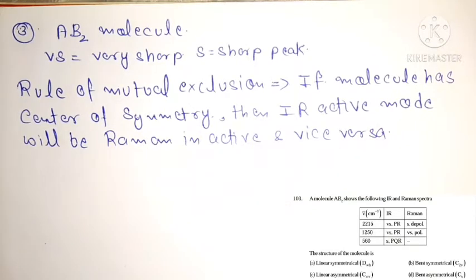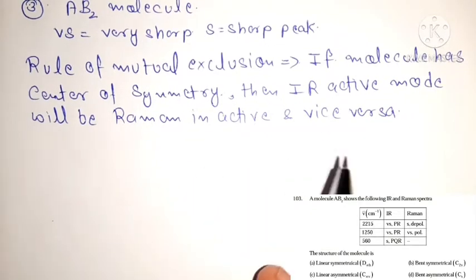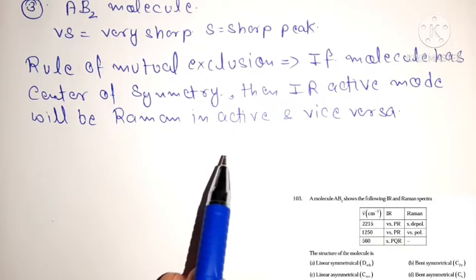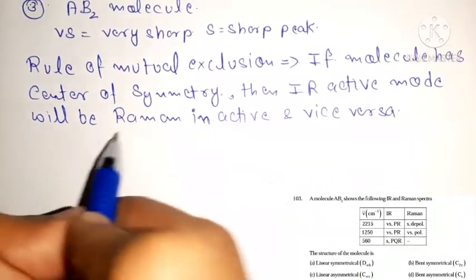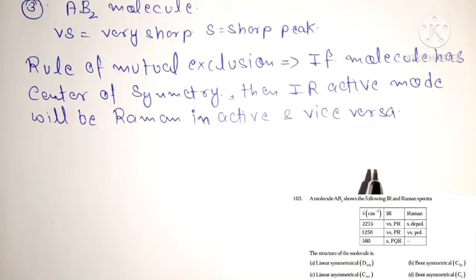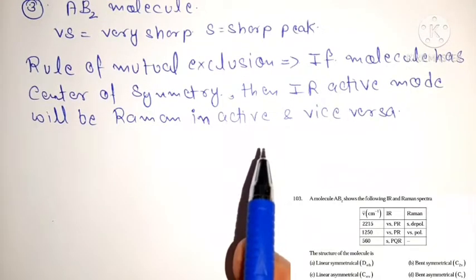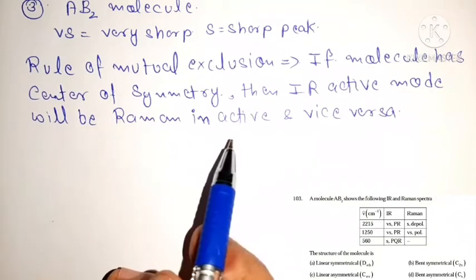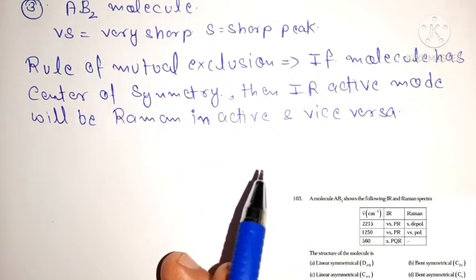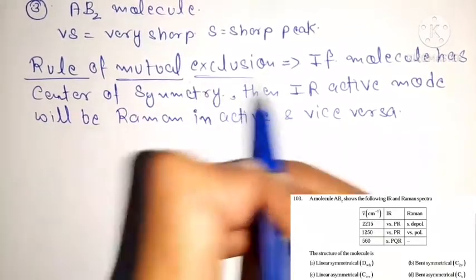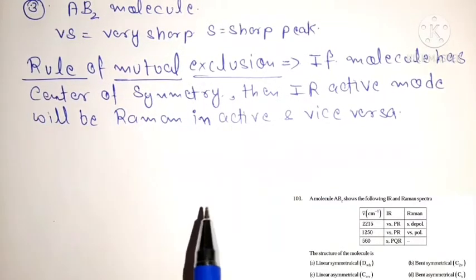IR active modes are Raman inactive and Raman active modes are IR inactive. This is the rule of mutual exclusion when a molecule has a center of symmetry.